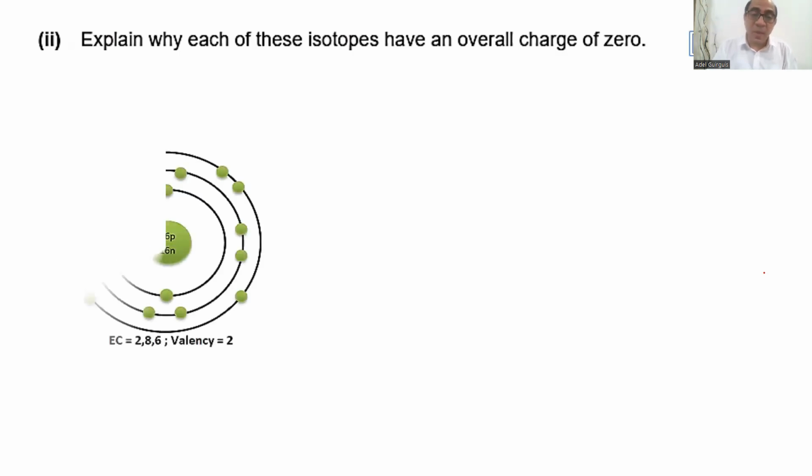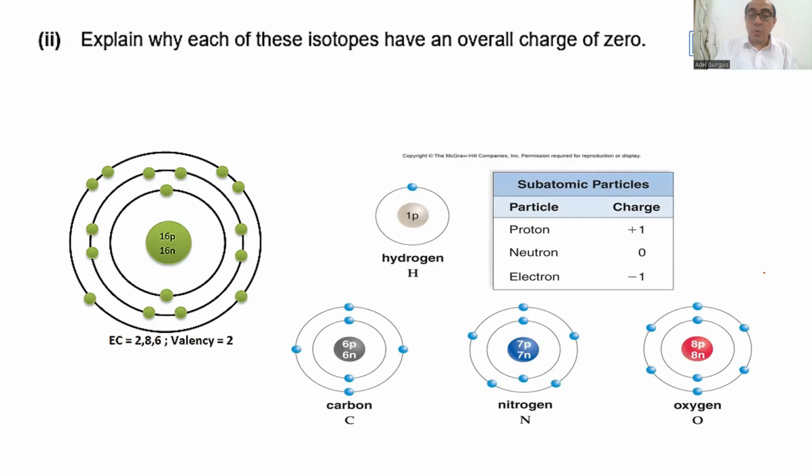Look here, this isotope of sulfur: the number of protons equals 16, and the number of electrons equals 16 also, arranged 2, 8, 6, with 6 in the outermost shell.